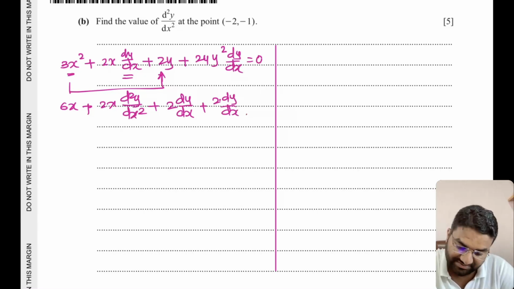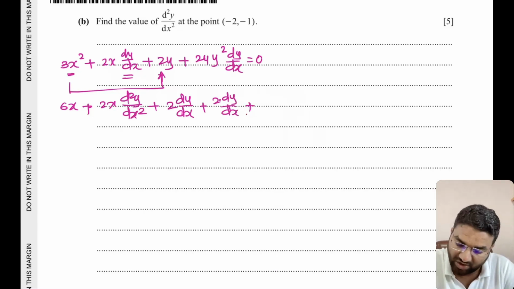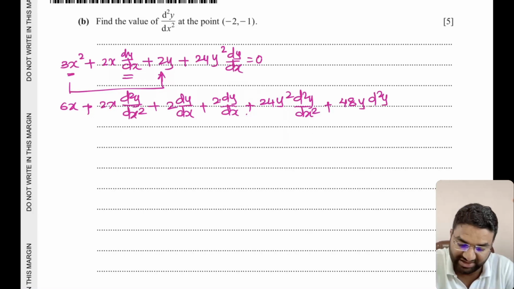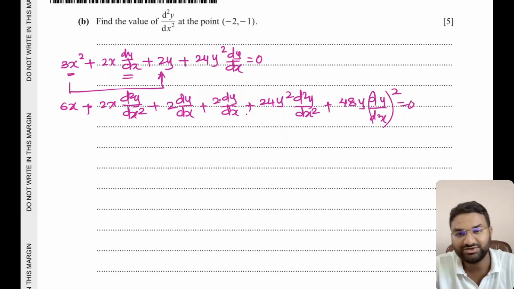Then next, 24y squared d2y by dx squared, plus 24 times 2 is 48y, times dy by dx squared, is equal to 0.